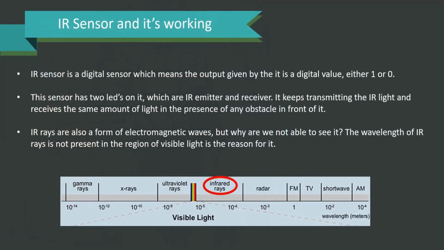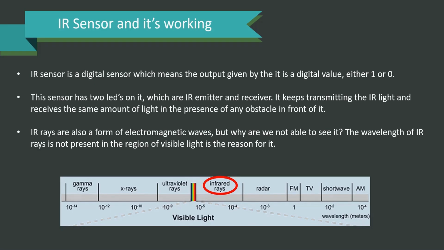IR sensor and its working. IR sensor is a digital sensor, which means that the output given by the sensor will be a digital value. It can either be 1 or 0. The sensor has two LEDs on it, which are the IR emitter and receiver. It keeps transmitting the IR light and receives the same light in the presence of any obstacle in front of it.